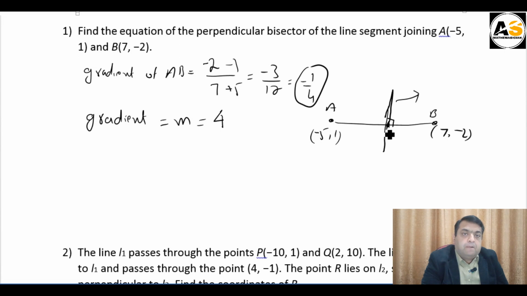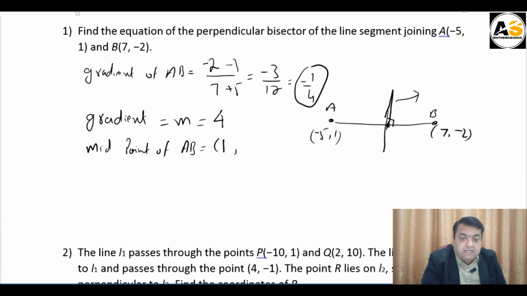Bisector means the line passes through the midpoint of AB. So what is the midpoint of AB? It will be calculated now. Midpoint of AB, we have the formula: (x1 plus x2) over 2, that is minus 5 plus 7 over 2, 2 over 2, 1, and (y1 plus y2) over 2, 1 minus 2 over 2, minus 1 over 2.